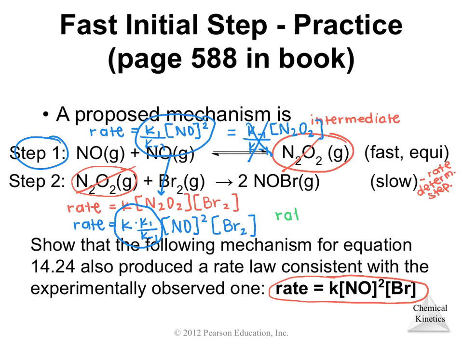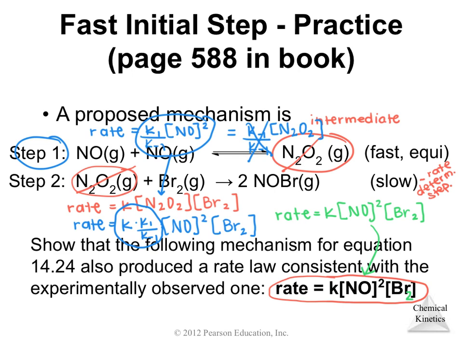Rate equals k, and that's going to be combined of all those individual rate constants, NO squared and Br2, which matches, oh, this should be a 2 down here, you guys, sorry, which matches the rate law that we had experimentally observed.